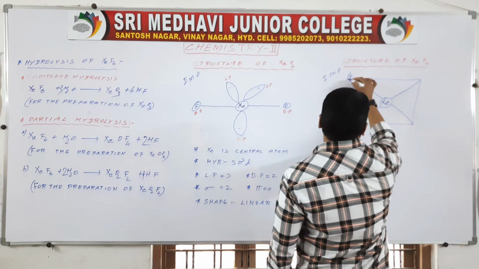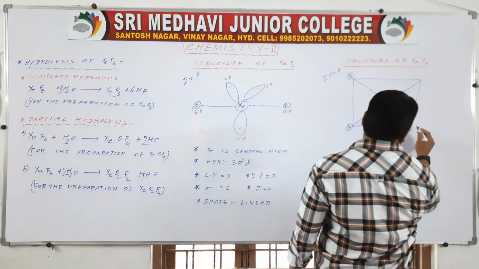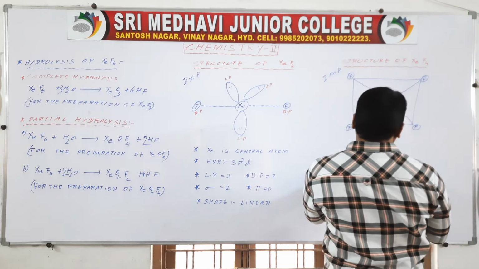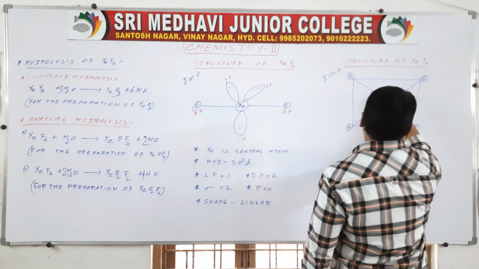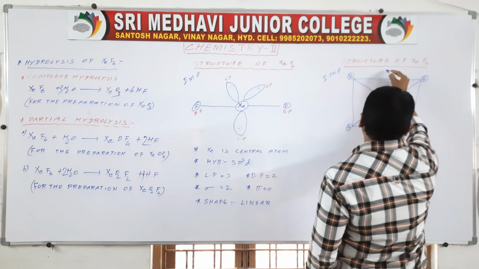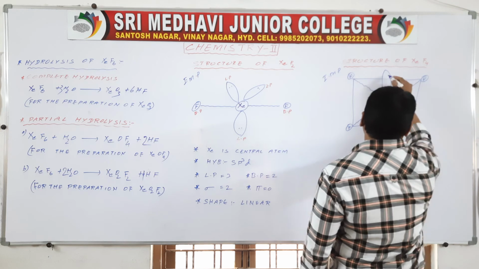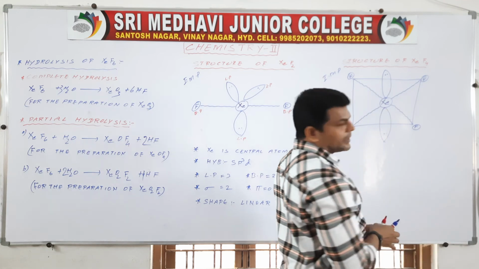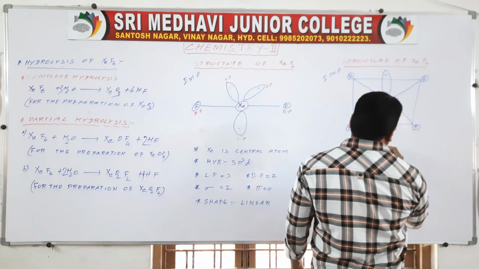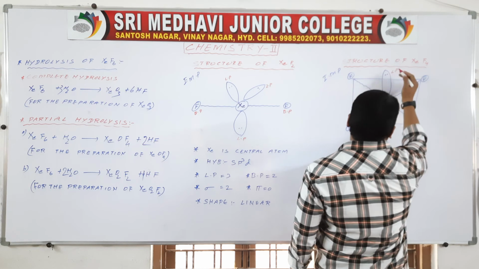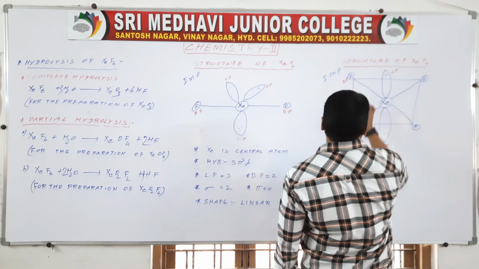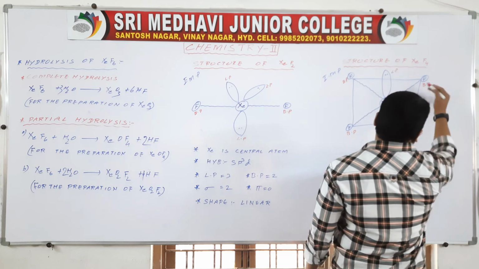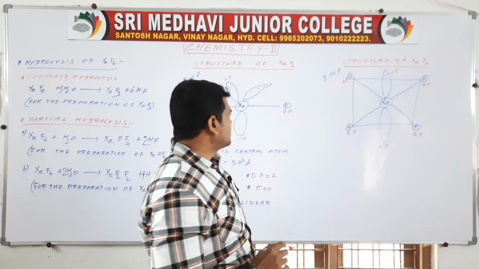So this is fluorine, fluorine, fluorine, and fluorine. Here one lone pair, and here one lone pair. It is a lone pair. Bond pair, bond pair, bond pair, bond pair.